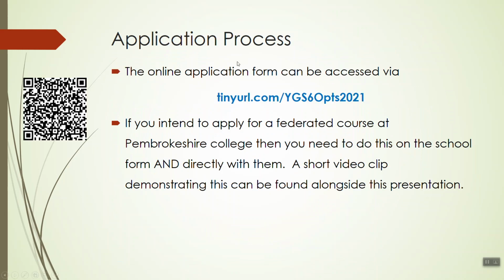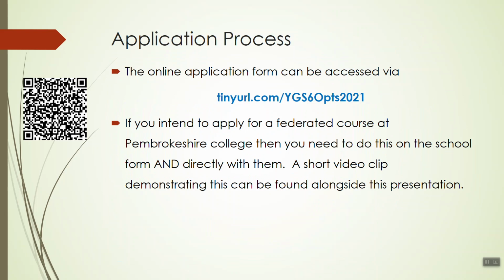So the online application form is accessible on that website, tinyurl.com/YGS6opt2021, or scan the QR code, or there's a link directly to the application form on this website. If you intend to apply for a federated course at the college, then you have to do a double application.